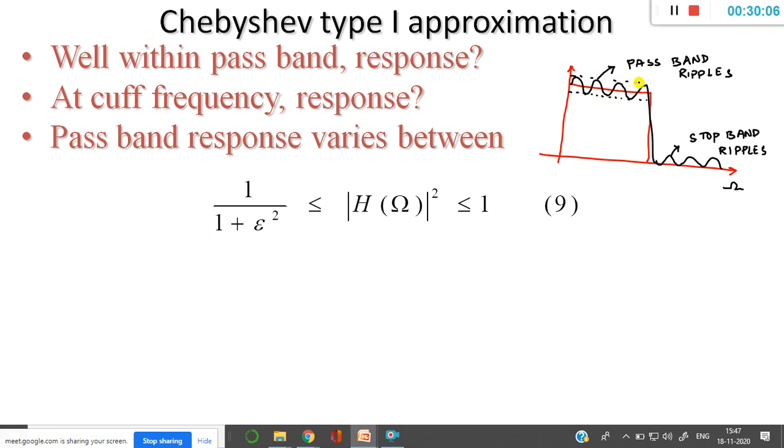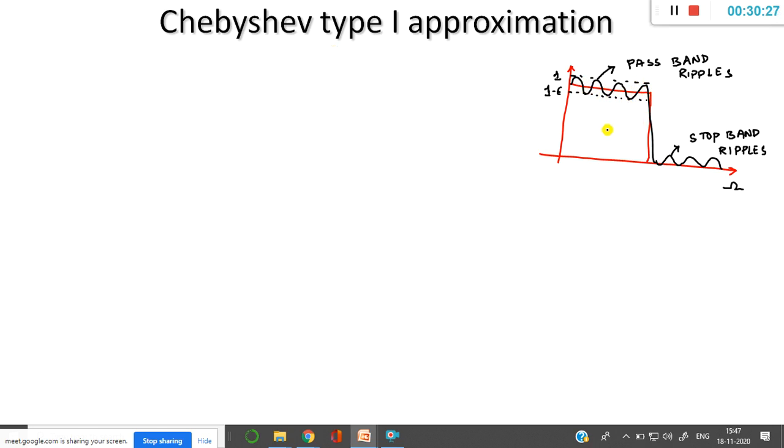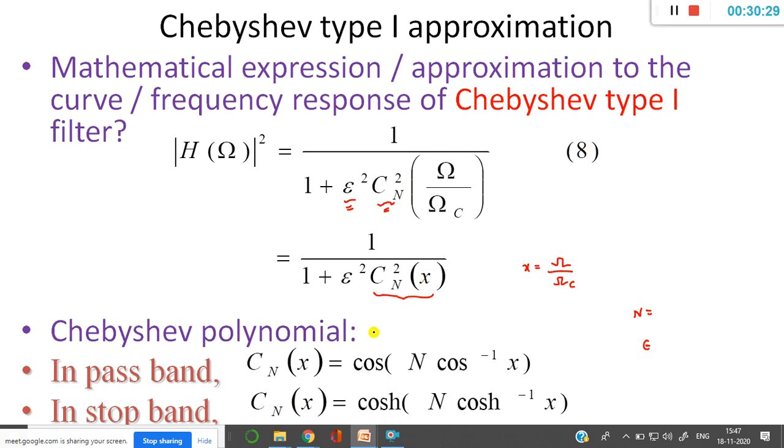So which means that if I take the effective passband and stopband, if I consider this to be 1, and this will be 1 minus epsilon, some length difference will be created. So what is the purpose of these ripples occurring? The main intention is, look back to the previous slide here.